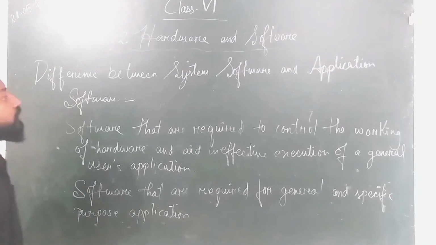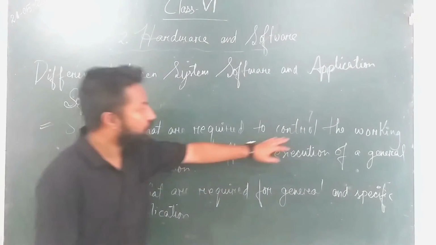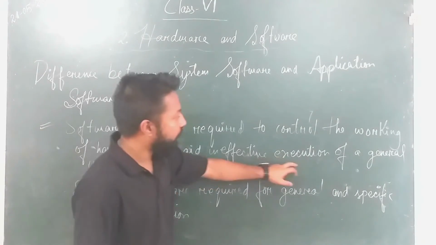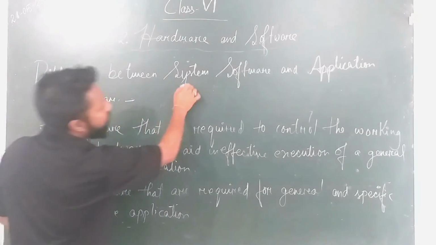Now let's see the difference between system software and application software. Software that is required to control the working of hardware and aid in effective execution of general user applications is called system software.